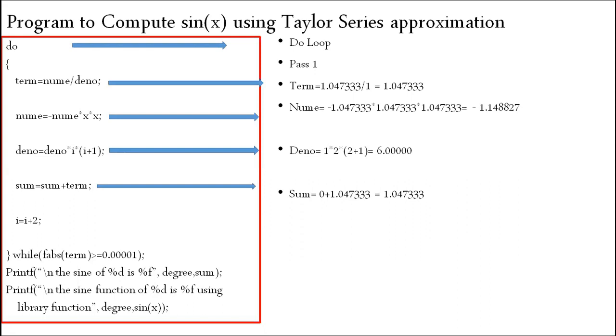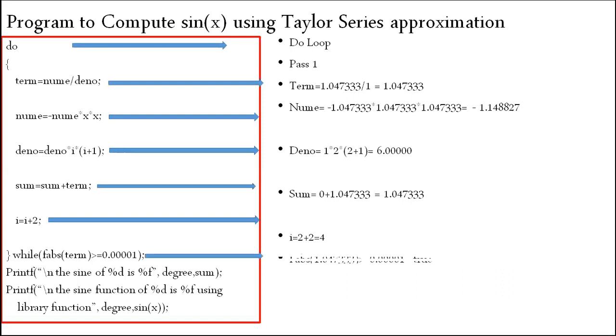Whatever value is added with 0, the same value we get. So 1.047333 will be stored where sum is pointing. After that, we have one more statement, that is i is equal to i plus 2. So i is initialized to 2, plus 2. Next i value is 4. Now the i value is incremented to 4.